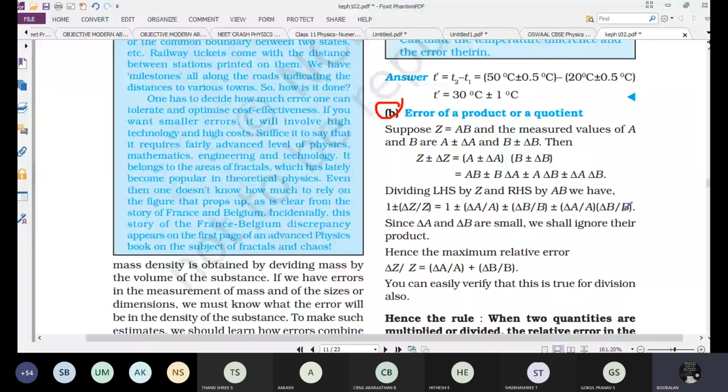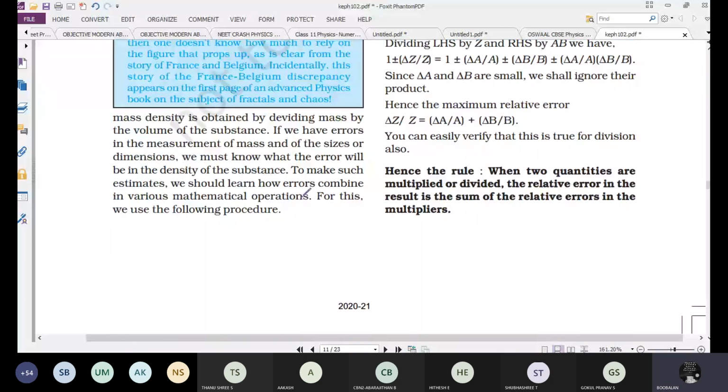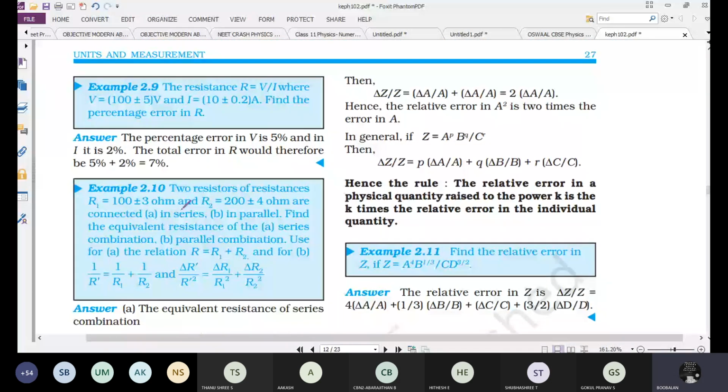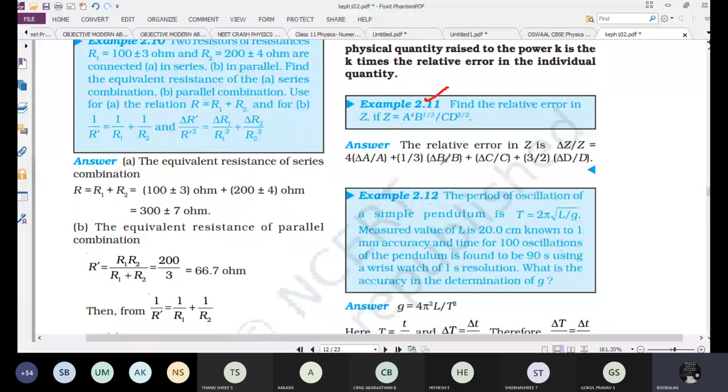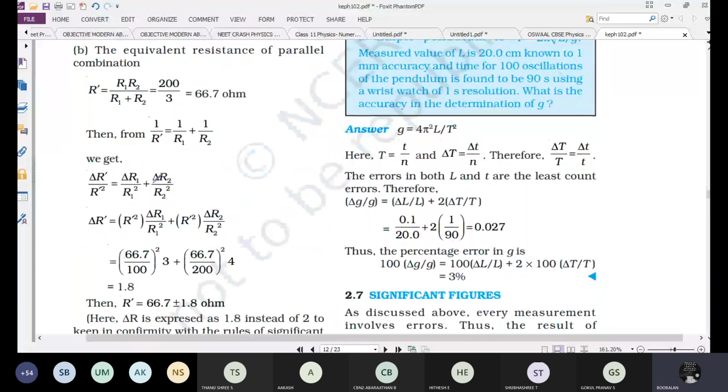Some example problems, you can try these in general: Example 2.9, 2.10, 2.11. Related to this model we will discuss after, then we go for the next topic.